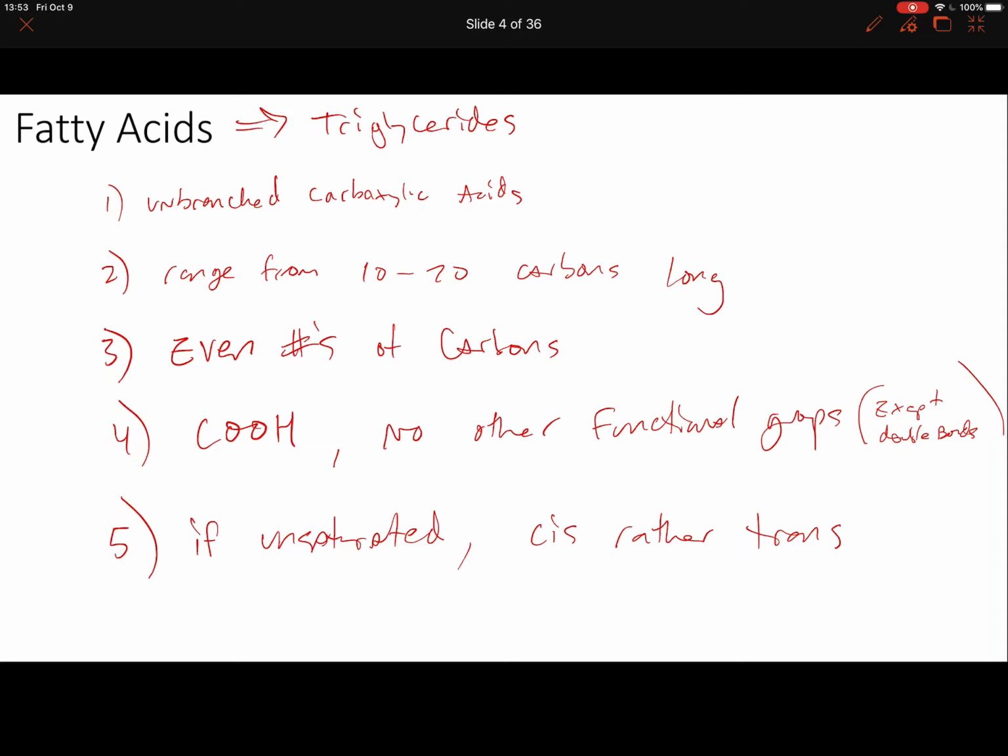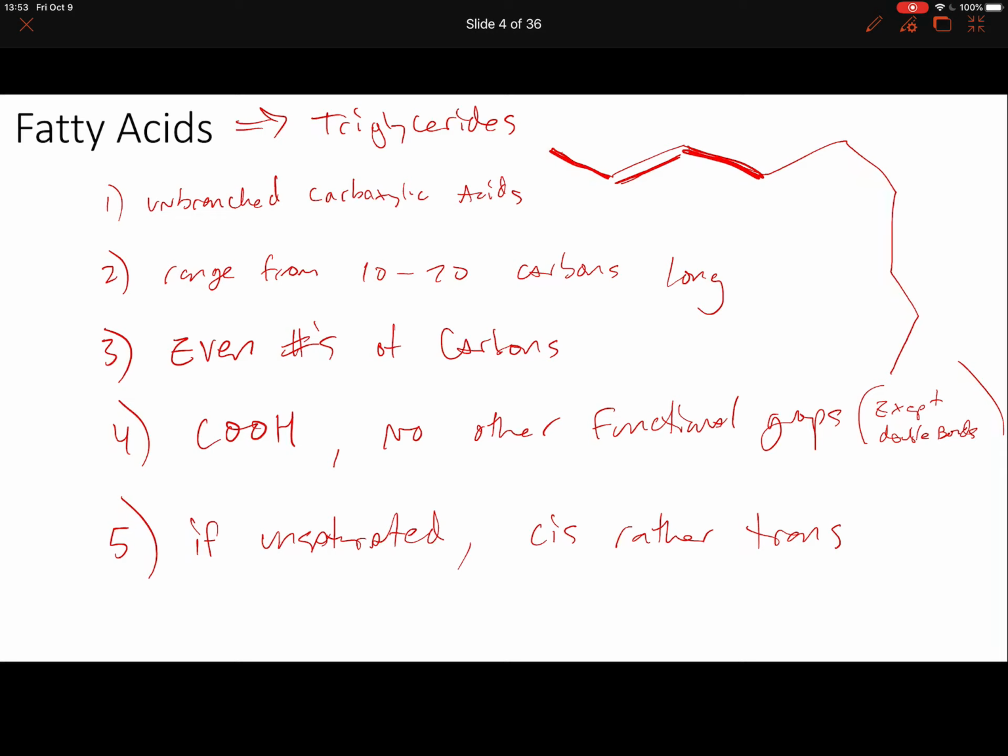Now, if you remember a little bit about what the difference is when you have a double bond, right? If the double bond is trans, meaning that the groups on the double bond are on opposite sides, this doesn't really add any kinks to the chain of our hydrocarbon.